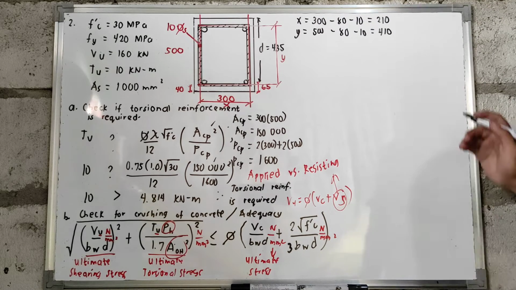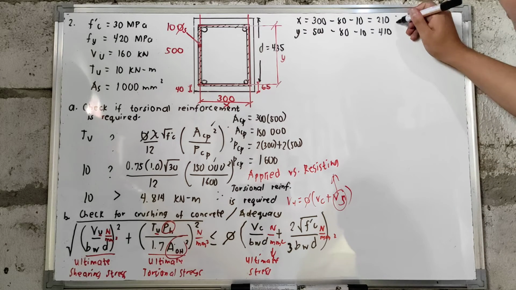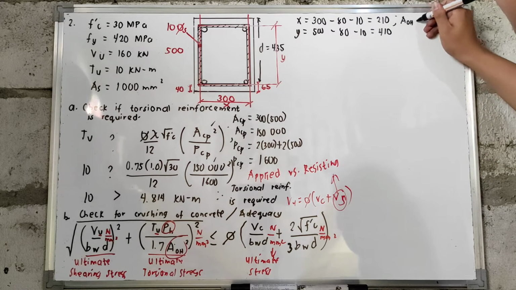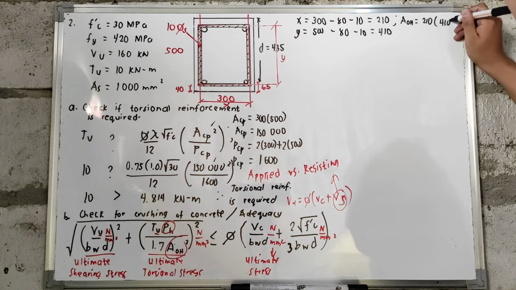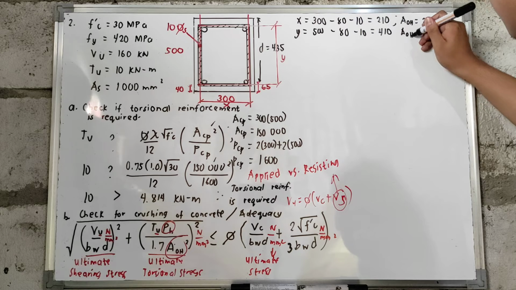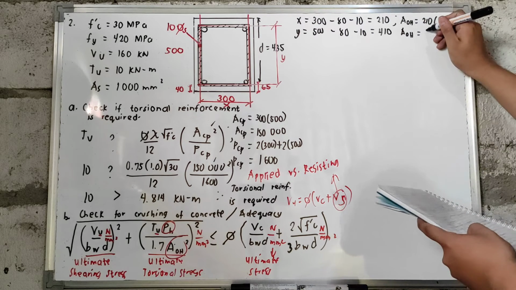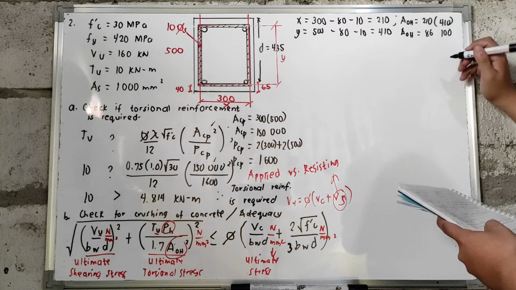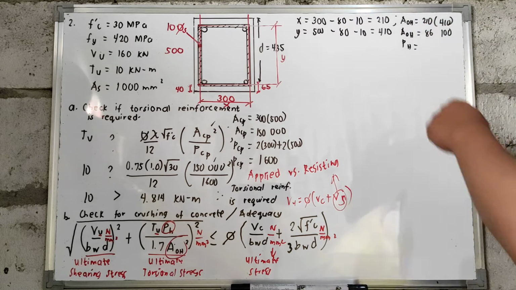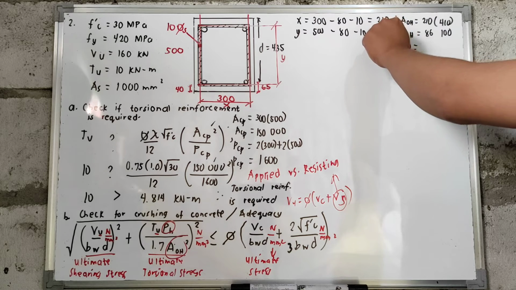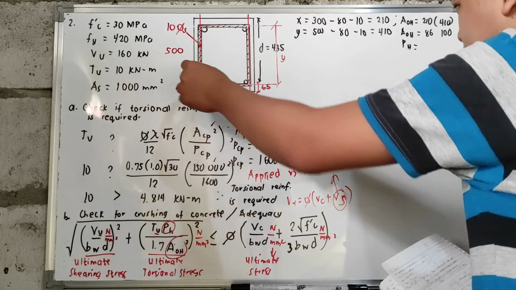And paano naman natin kukunin yung Aoh natin? So, for this one, Aoh, that will be 210 multiplied by 410. So, Aoh is now equal to 86,100 mm squared. And yung ph naman natin, twice lang natin yung 210, plus twice natin yung 410, kukunin lang natin yung perimeter niya.